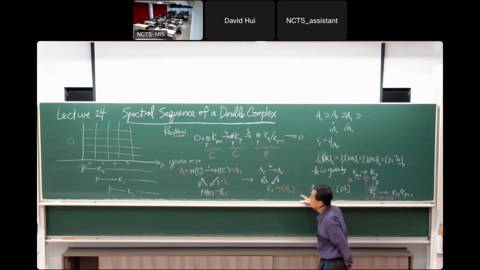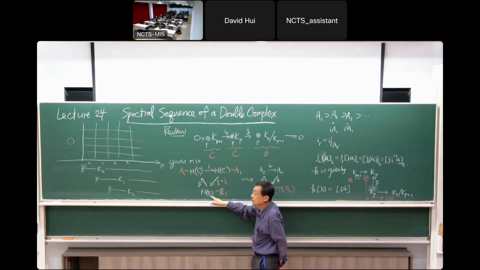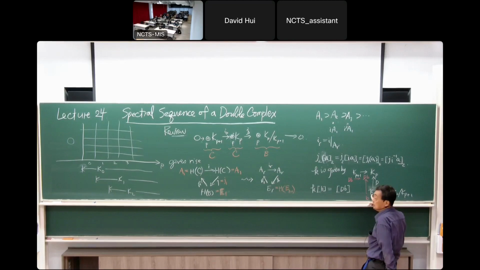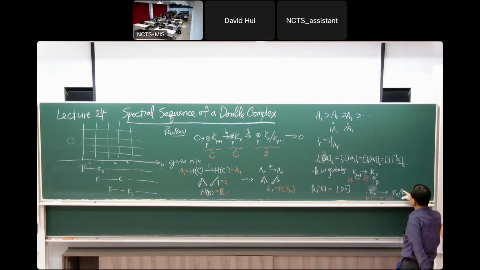When you take the cohomology class, right, this is actually not the, no, what is this? Oh, yeah, it's here, right? It's H of b. And yeah, b is in K_p. And little b is in K_p, okay? And this is part of B, right?